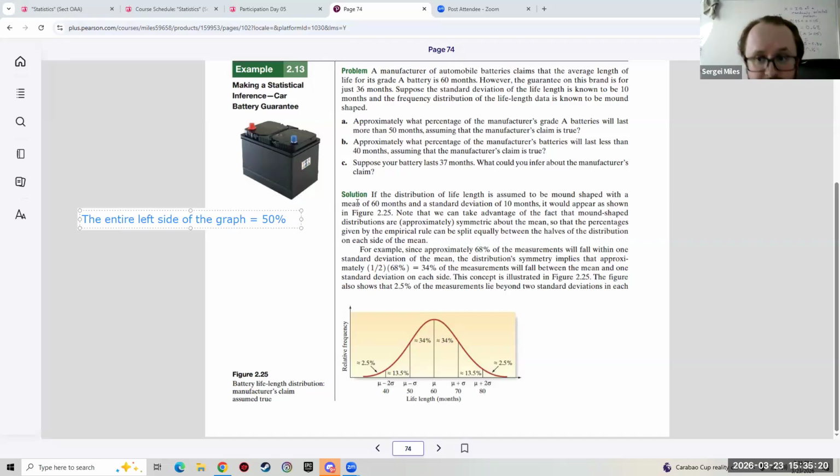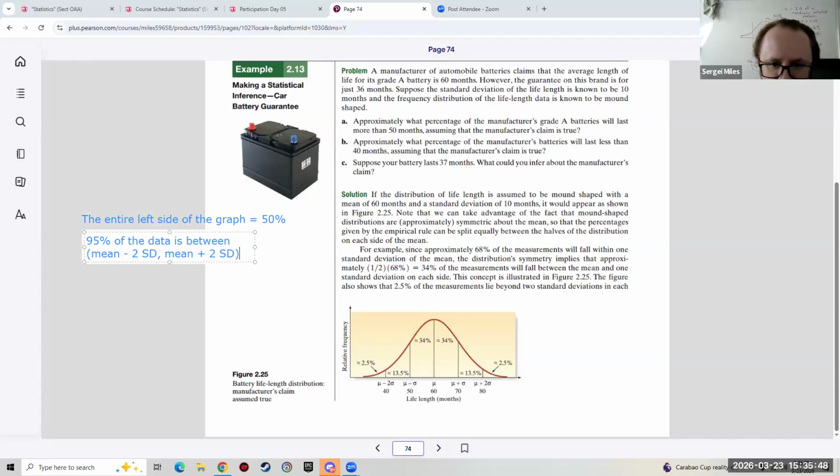We know that if their claim is true. We also know from the empirical rule that 95% of the data is between the average or the mean minus 2 times the standard deviation up to the average plus 2 times the standard deviation, right?